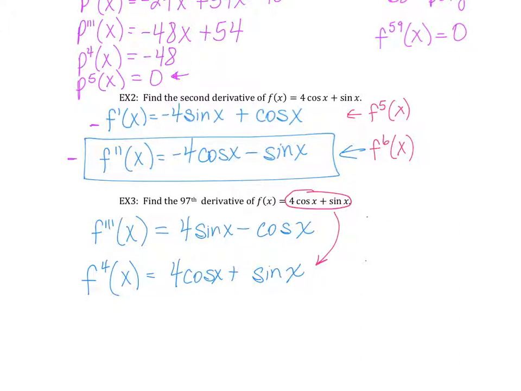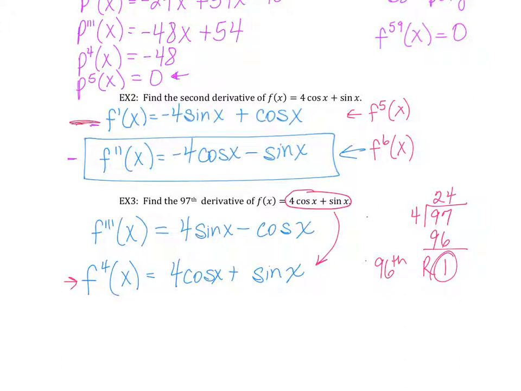So how do you tell what the 97th is? Well, let's divide 97 by 4. Because if it went in evenly, it would be this one. But if I divide 97 by 4, that's 96, and I have a remainder of 1, which means the 97th derivative, when I get to 96, this would be the 96.